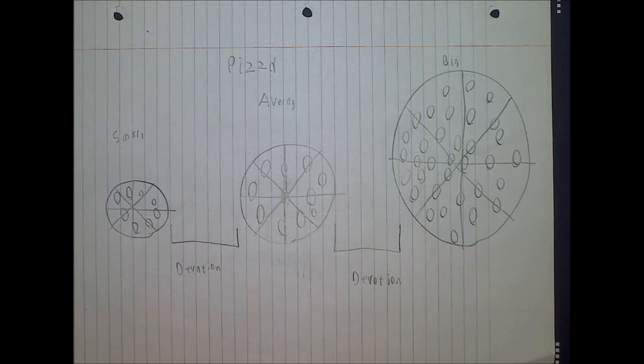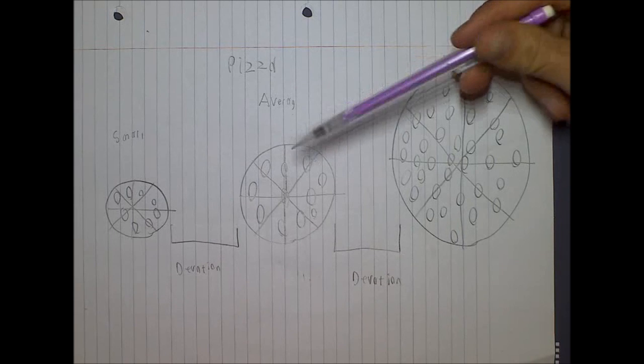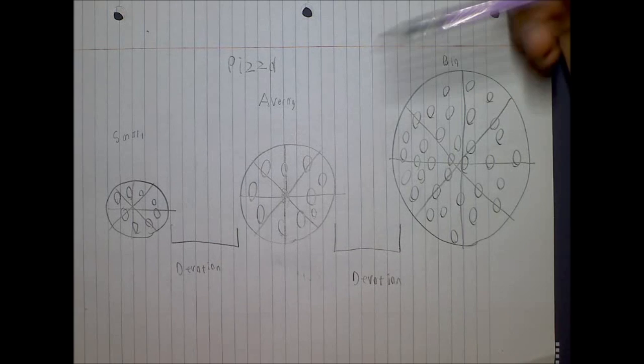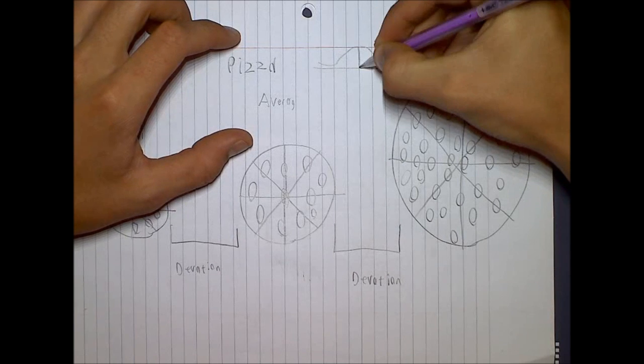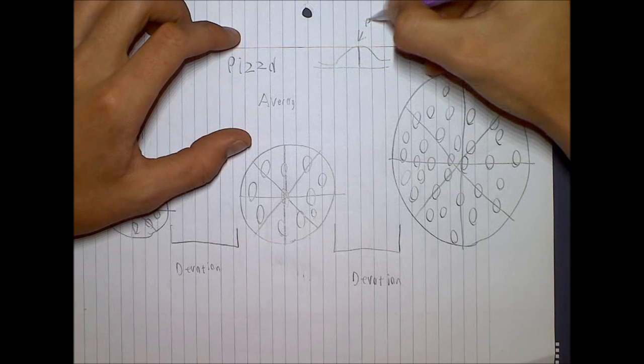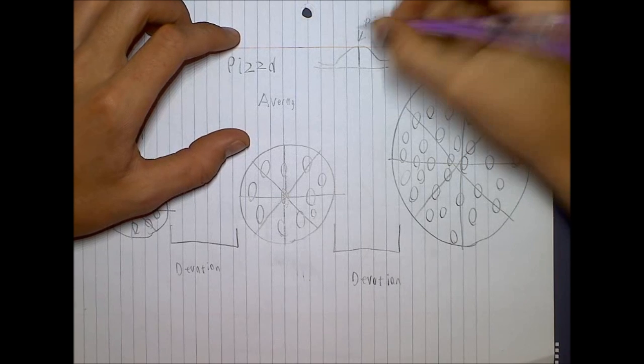A situation that we could use standard deviation in is buying pizza. We want to find the deviation between the average size pizza and the small or large pizzas. So right here, this would be our average size pizza, if we had it in a data set.